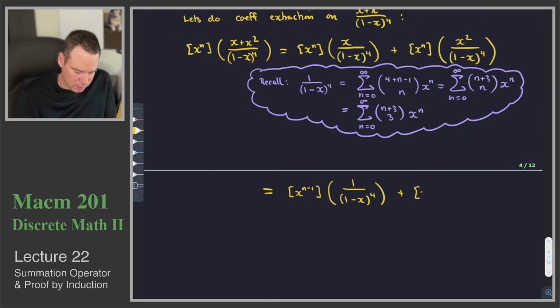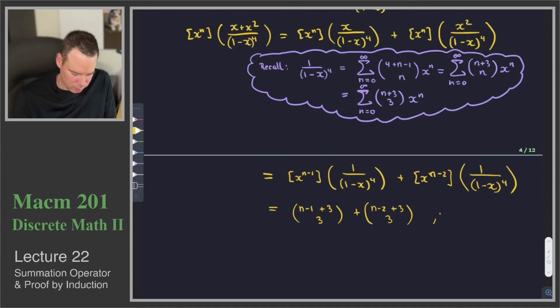And for the second piece, because of that x squared on top, I'm really interested in the coefficient of x to the n minus 2 of 1 over 1 minus x to the 4th. And so now we can extract both of those using our formula we've recalled above. So this would be n minus 1 plus 3 choose 3, plus n minus 2 plus 3 choose 3.